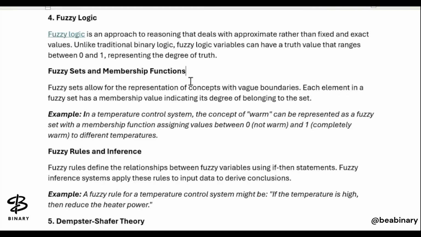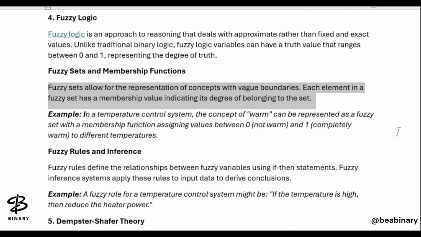Fuzzy sets are sets which allow for the representation of concepts with fuzzy boundaries. Each element in a fuzzy set has a membership value indicating its degree of belonging to the set, not exact. So somewhere we are talking about approximation, it depends on how much it belongs to a set.